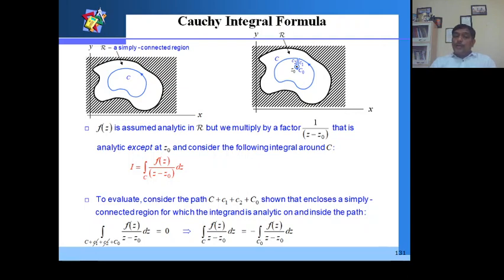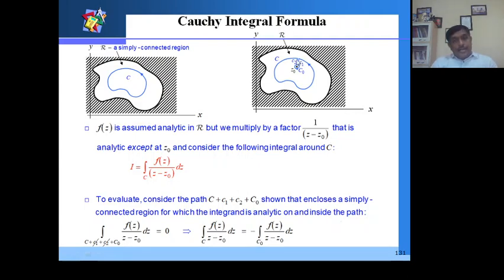Here, to evaluate this, consider the path capital C plus small c1, and this other part c2, then C naught, C1 and C2, shown to enclose a simply connected region for which the integrand is analytic on and inside the path.